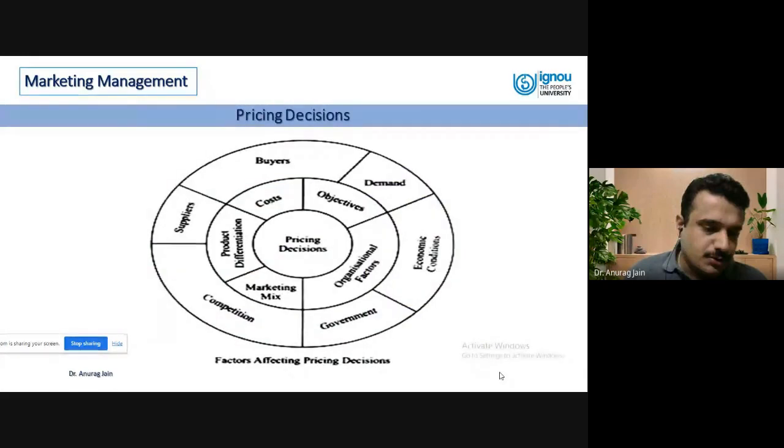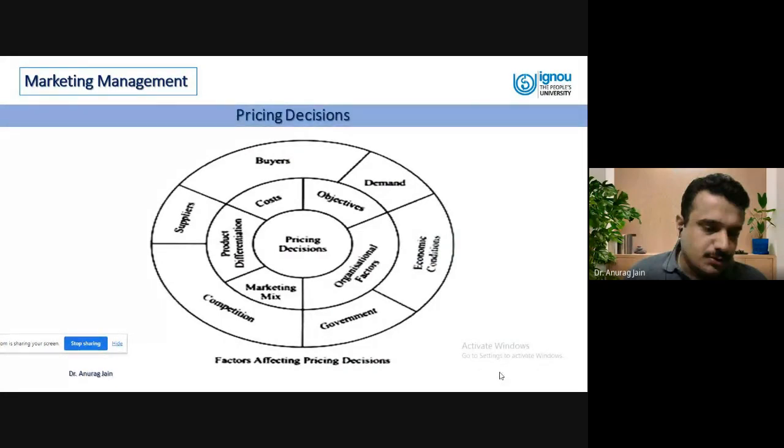One last thing I would like to discuss here is whenever we make a pricing decision. As I was mentioning, it's one of the most important marketing decisions we can consider. There are certain factors which affect your pricing decision, and you cannot just do pricing by keeping one aspect in mind, right?